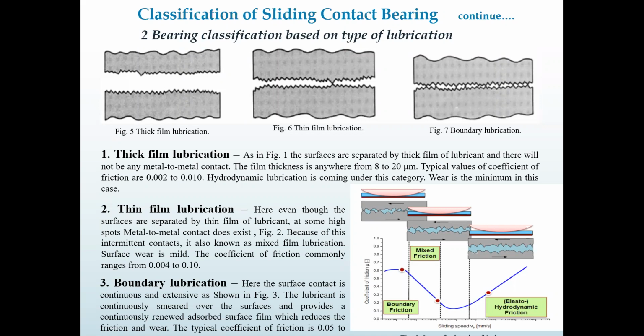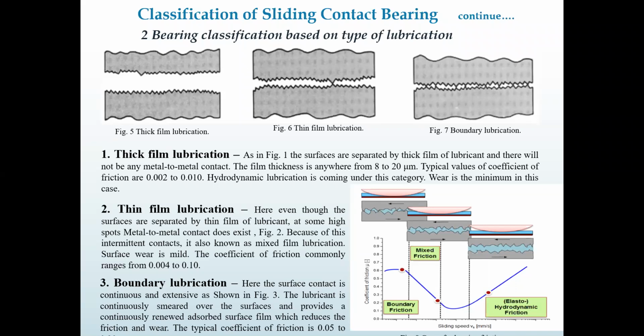Here, if you look at the three regions, the first one is boundary friction, the second one is mixed friction, and the third one is elasto-hydrodynamic friction. These regions occur based on the surface area and the sliding velocity, or you can say the rotating speed.